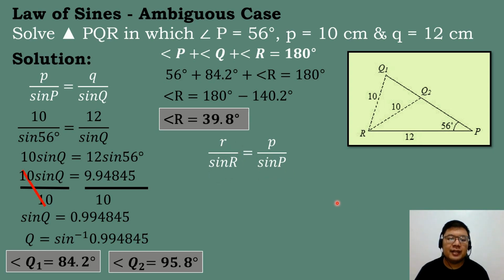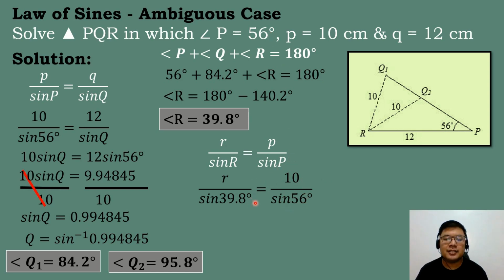Now let's solve for the missing side, which is side R, using the formula r over sine of angle R is equal to side p over sine of angle P. Substituting the corresponding values, we have r, the missing value, over sine of 39.8 degrees equals p, which is already given as 10 centimeters, over sine of angle P, which is 56 degrees.